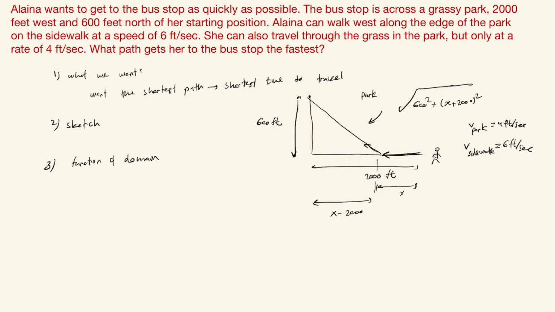Alaina will move x distance, and then after this x distance, she will change her direction, going north 600 feet or going through the grass. The total time will be the time spent on the sidewalk plus the time spent on the park. And remember, time is distance over velocity.